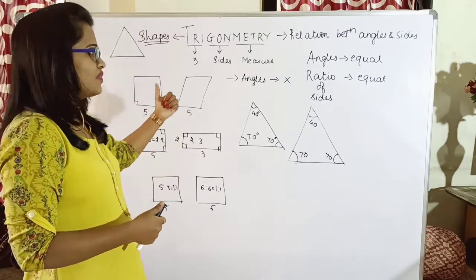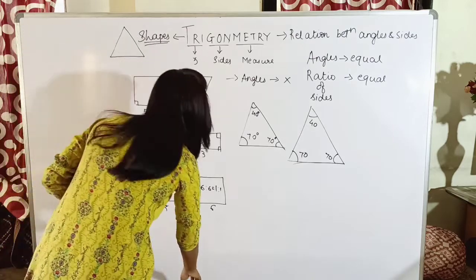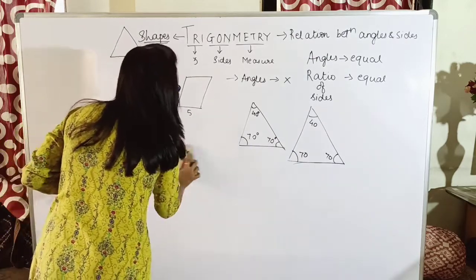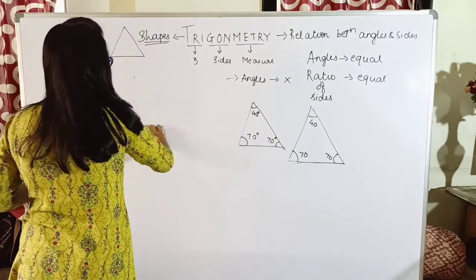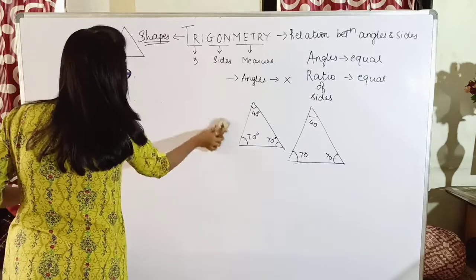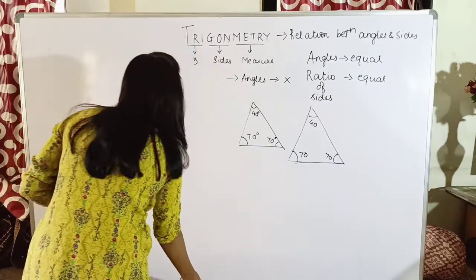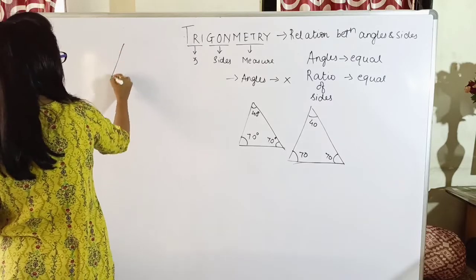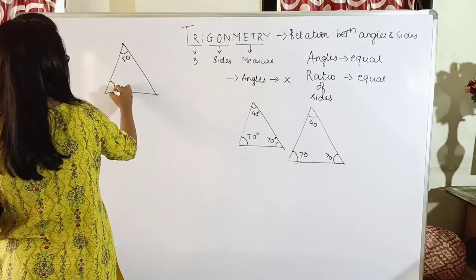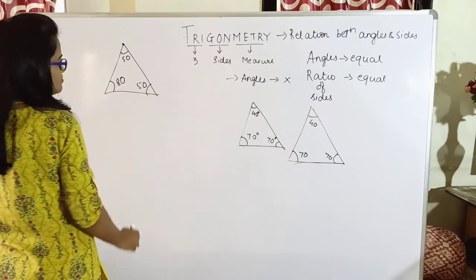Before proceeding to it, now, is there only one combination of angles which will be considered? For example, this is one combination in which I have taken the angles as 40, 70 and 70. Okay, can I take another combination in which, suppose this is 50, this is 80, and again this is 50?